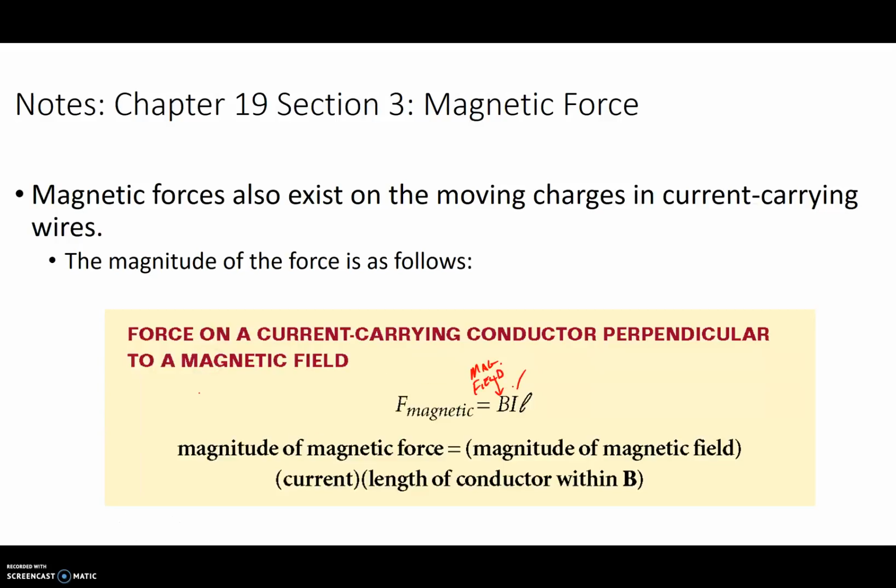And then I, hopefully you remember, is current. And then we multiply it by the length of the wire that's within the magnetic field. Which means that the more wire that's in the magnetic field, the stronger the force is. Which kind of makes sense, right? If you put a bunch of it in a magnetic field, it should have a bigger force than if only a little itty bitty section is.